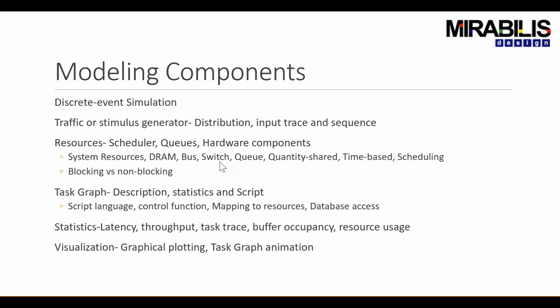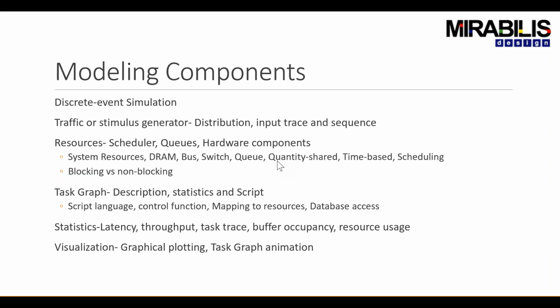So the resources can be a variety of things ranging from the memories, but it can also extend to other components like an AI accelerator or a processor or a GPU. But in this particular case, since we're more on the stochastic or a function analysis, we focus more on queues and scheduling and server resources.